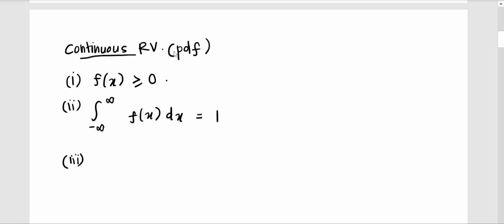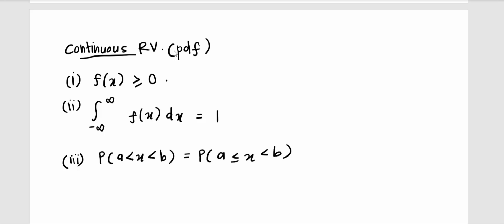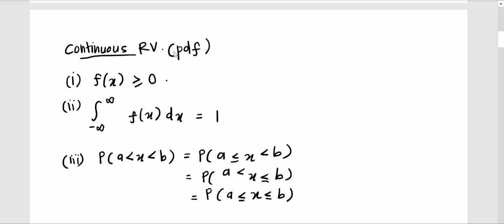And the last property is that the probability of X between A and B, that is A less than X less than B, it's all the same, is equal to the integration from A to B of f(x) dx.